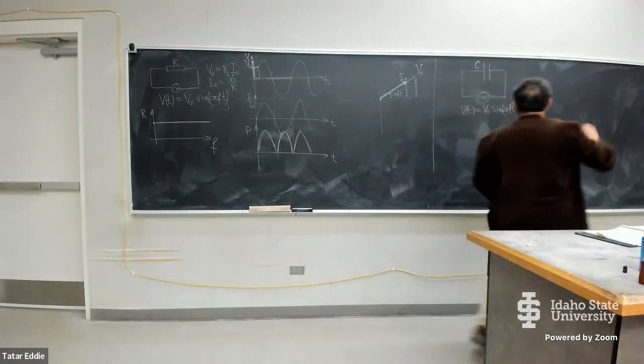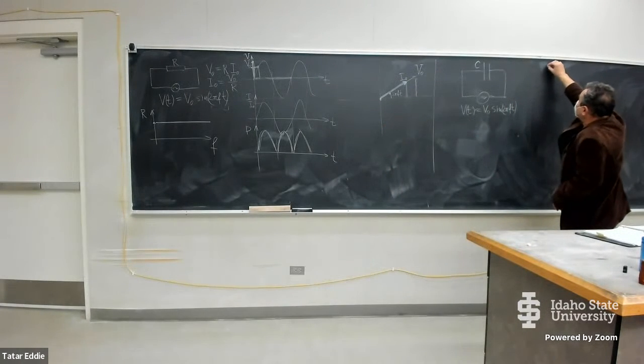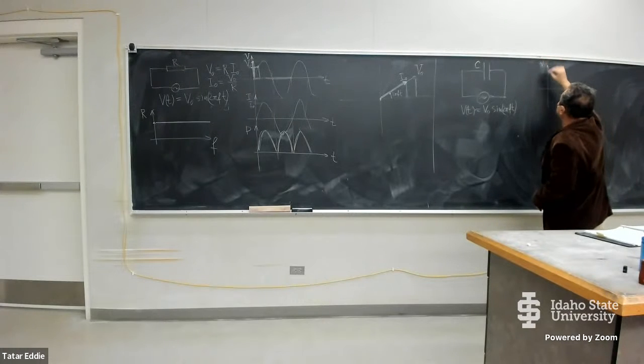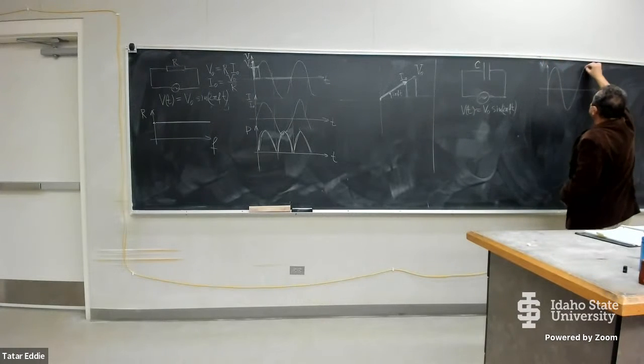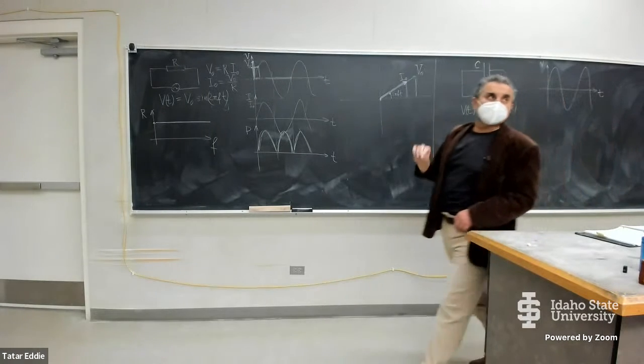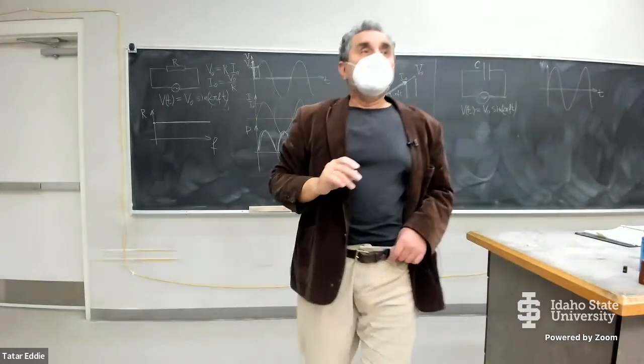And let's follow the same procedure. The voltage that is given by the generator is a sine function. This is what it should be.